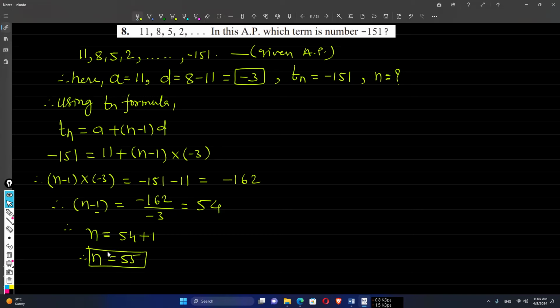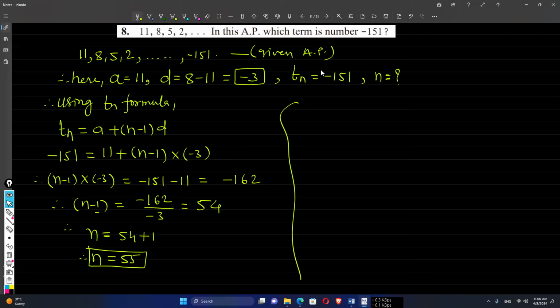And also keep this in mind that the value of n can never be negative, fractional, or zero, because n represents the number of terms, which is nothing but countable numbers. n is used to count the number of terms. So the numbers which are countable are used to do so. So n will never be negative, it is never a fractional number, and it will never be zero.